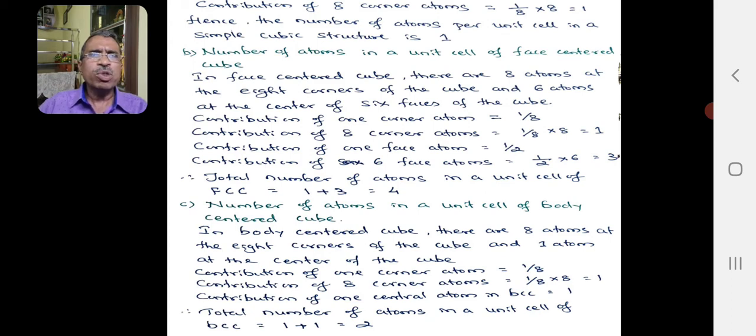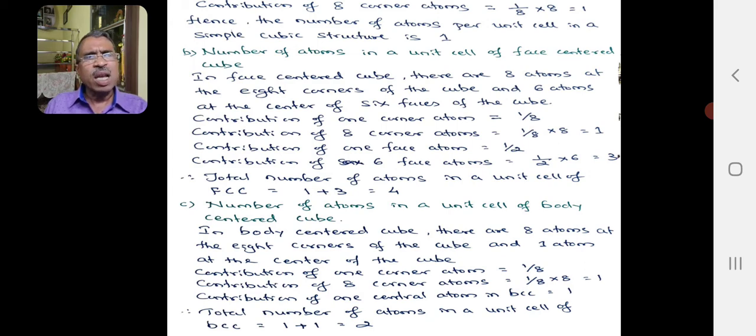Therefore, the contribution of 8 corner atoms is 1 by 8 into 8, which is equal to 1. Now, the contribution of one face atom is 1 by 2. Therefore, the contribution of 6 face atoms is 1 by 2 into 6, which is equal to 3. Hence, the total number of atoms in a unit cell of a face-centered cube is 1 plus 3, which is equal to 4.